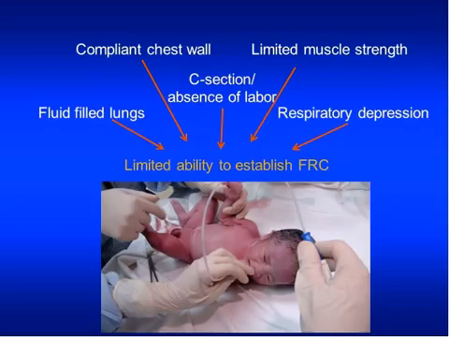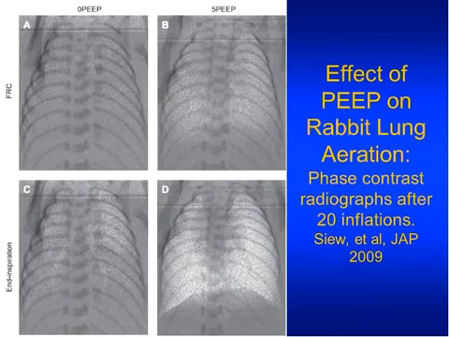That is something full-term infants usually accomplish fairly well, but in a very premature baby with all of the listed limitations, this is much more difficult. And so we often must provide a little bit of help.